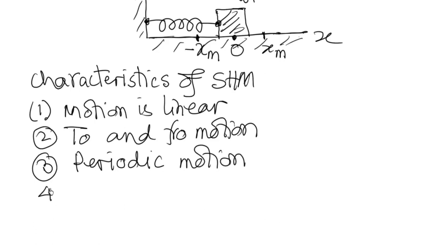And the fourth characteristic is the force acting on the block is directly proportional to the displacement, but oppositely directed. From the fourth characteristic of the simple harmonic motion, we have the force is directly proportional to minus x.